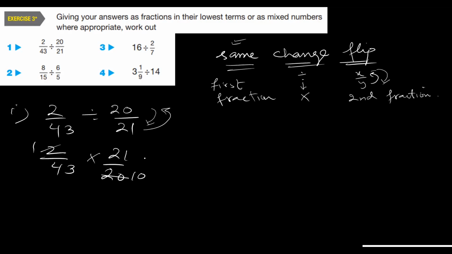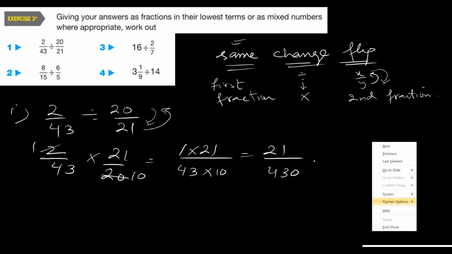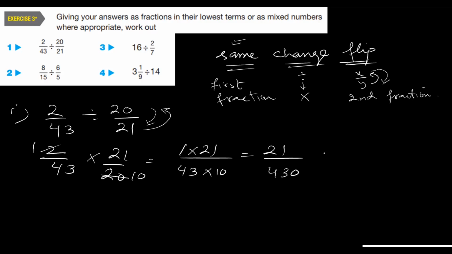I found that it's not possible. So 1 times 21 upon 43 times 10. We get 21 upon 430.